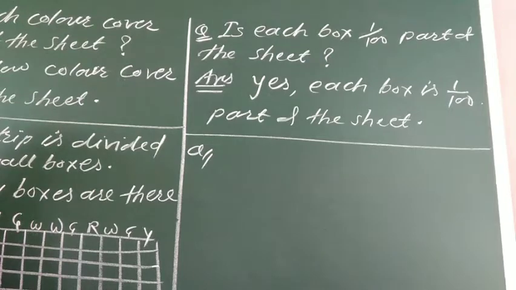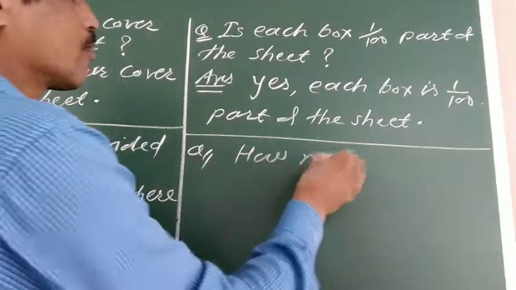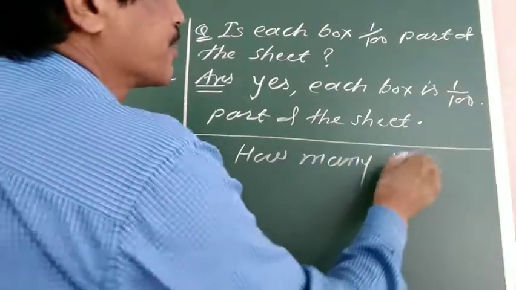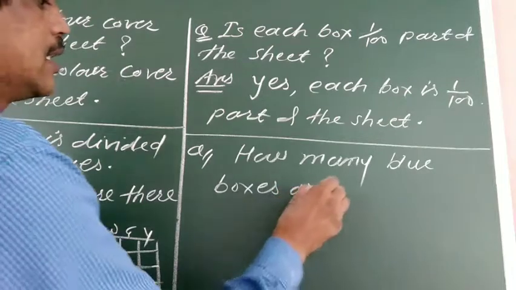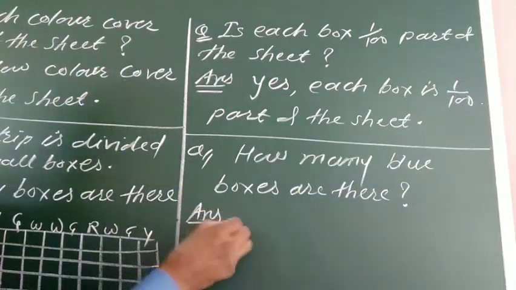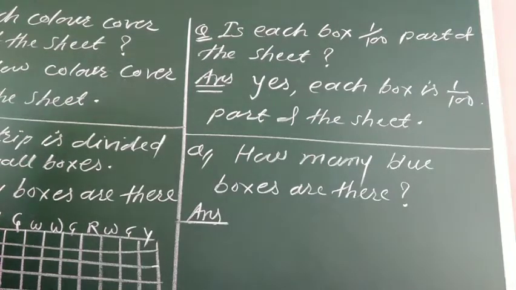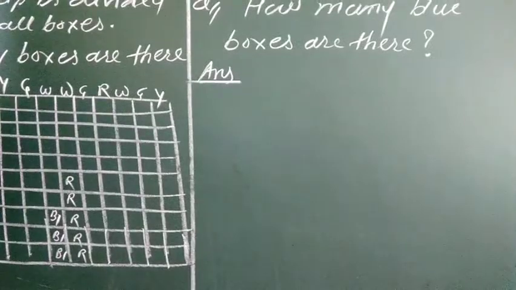Next one, see, how many blue boxes are there? See, how many blue boxes are there, beta, now? It is blue sheet, blue strip.